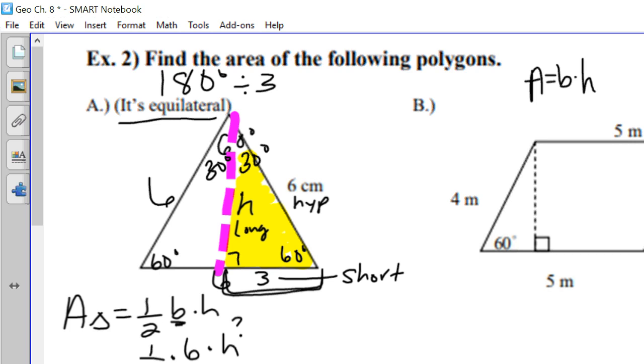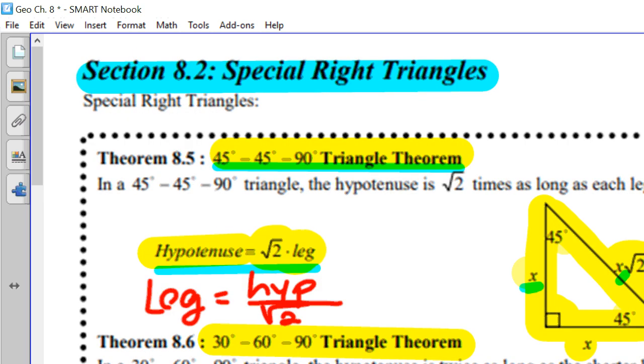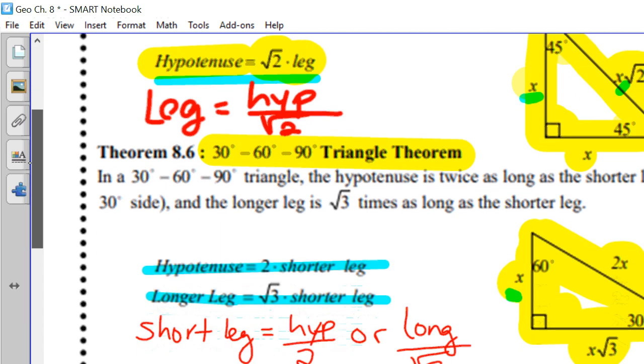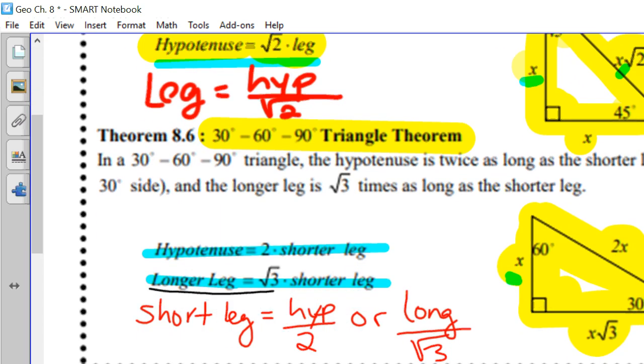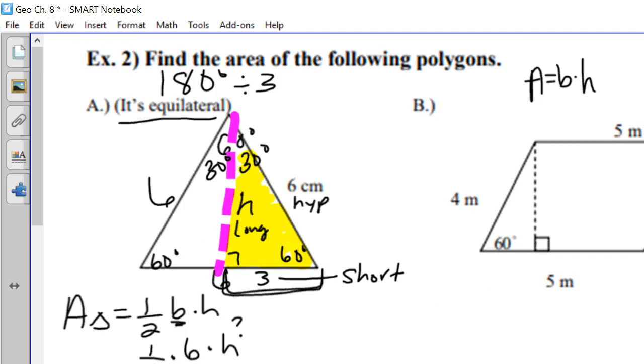All right, so we need to find this altitude. We are going to look at our 30, 60, 90 property. The long leg is √3 times the short leg. So the long leg, H, is equal to √3 times the short leg. We don't write it like that. We write it like 3√3.